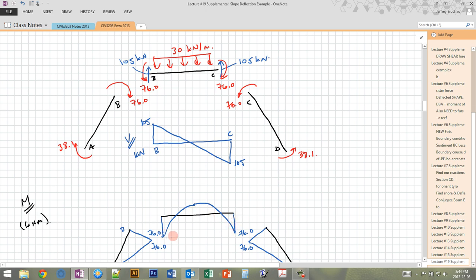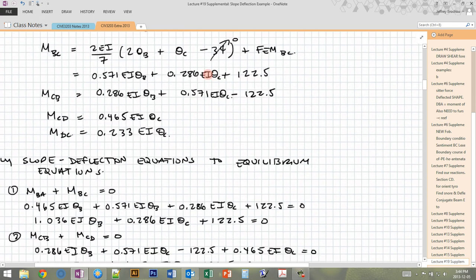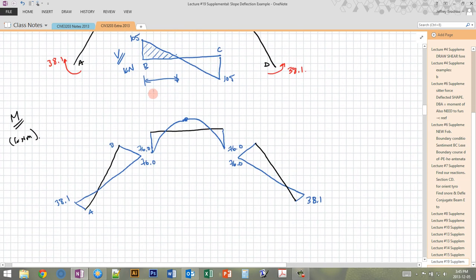And this total change between here and here is equal to the area of the shear diagram. So if I want to find this peak here, all I do is I find this area. So don't forget, this is, I think, 7 meters. So it's 3.5 to the half. This is 3.5, so the area of this is 105 times 3.5 divided by 2. I take that number and I add it to negative 76.